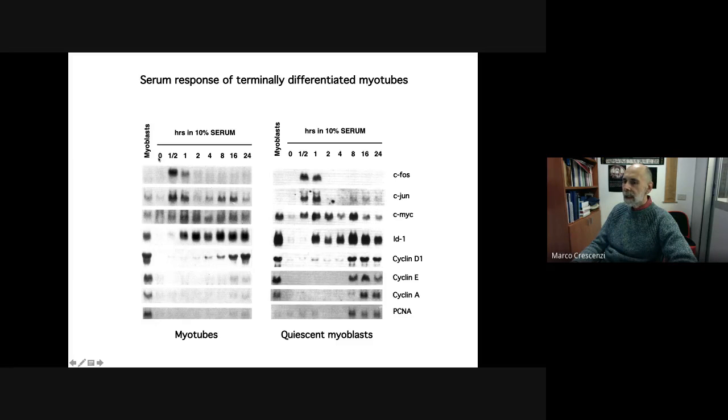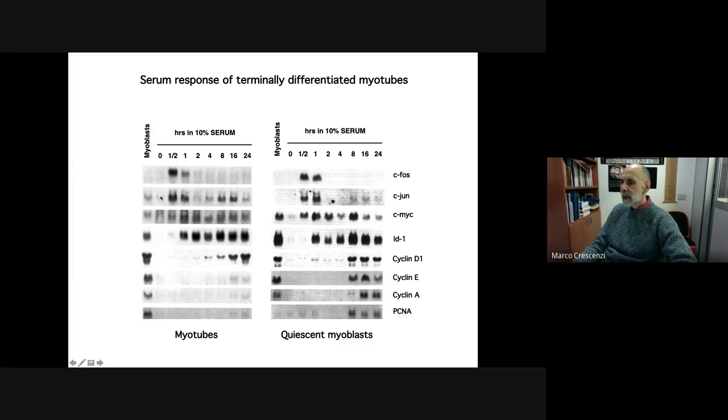So here we are at the very beginning of the stimulation with serum. Here we are half an hour from the beginning, 1 hour, 2 hours, 4 hours, and so on. And what we found was very neat, very clear. In the first several hours, the responses of myotubes and myoblasts are indistinguishable. We have a very early and very short, sharp peak of expression of c-Fos, here and here.